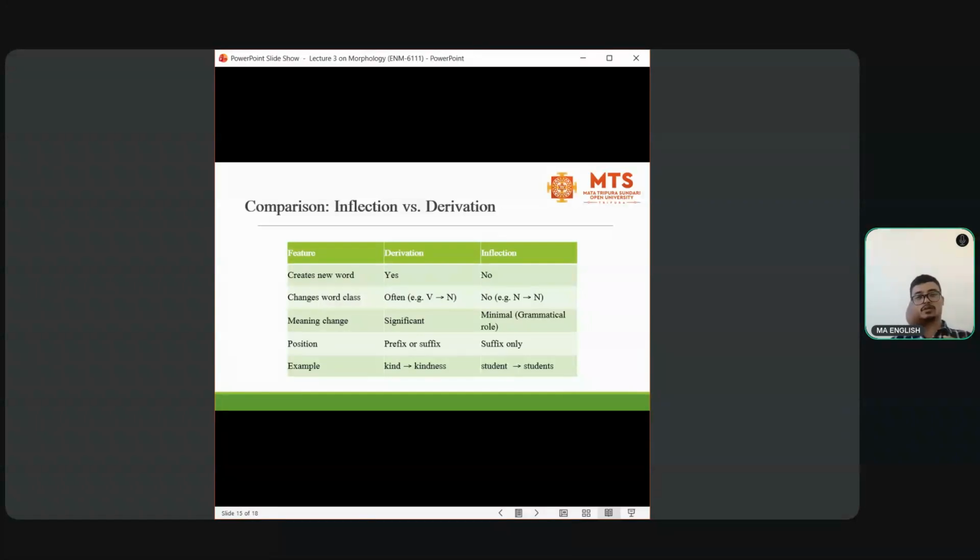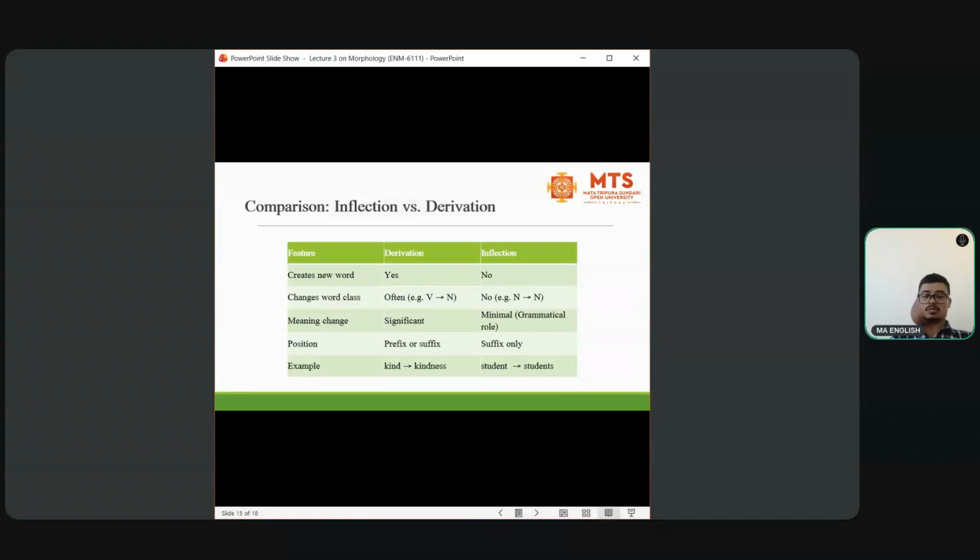This will help you analyze English words, both simple, complex, and compound. All right, this is the main discussion of today's lecture.